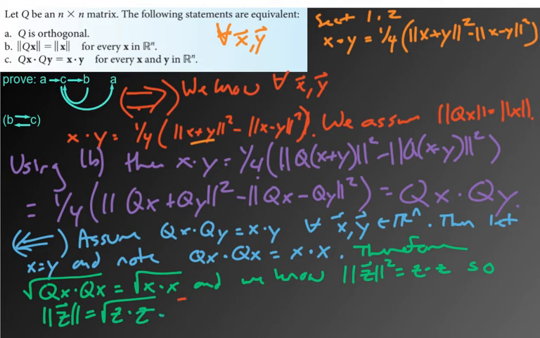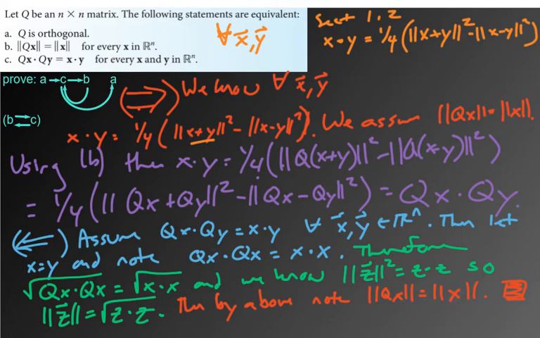So then by above, notice we have the magnitude of Qx equaling the magnitude of x, right? Which does it. Just based on these two being equal, which again is because we assume it in C, then just using this identity that we know from dot products, we can write this way, right? And then if these are equal, then these are equal, right? So that would do it.